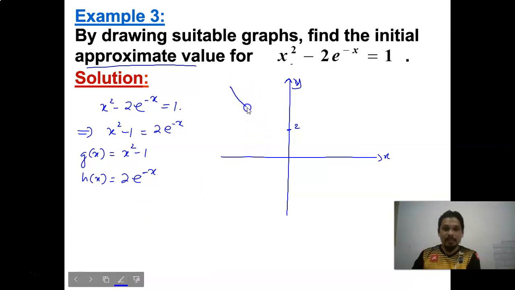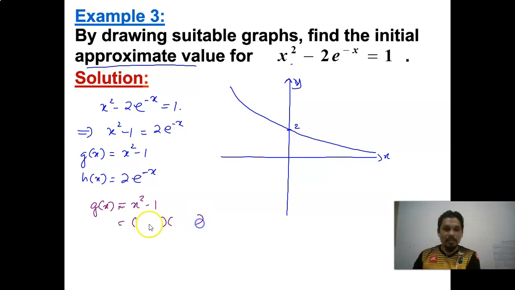Okay, so then next one here now. The graph of x squared minus 1. g(x) equal to x squared minus 1, where we factorize this and come out with (x minus 1)(x plus 1), where x equal to plus minus 1, meaning here and here, negative 1 and 1.